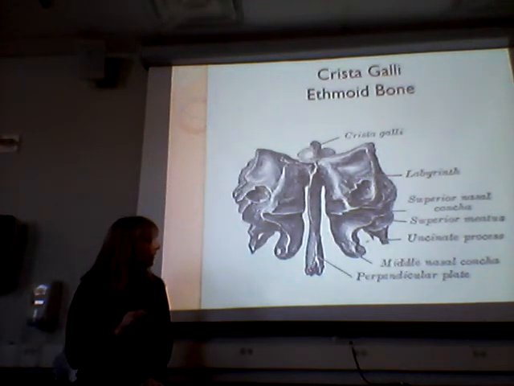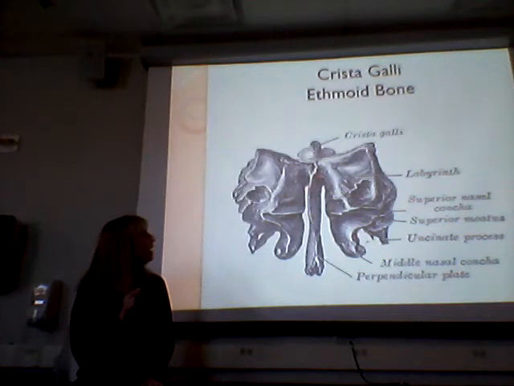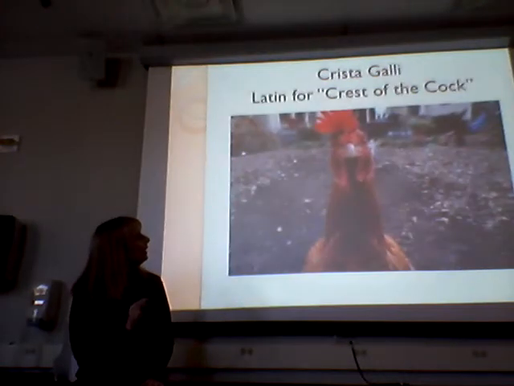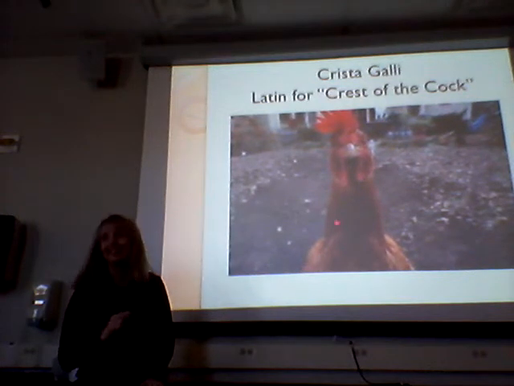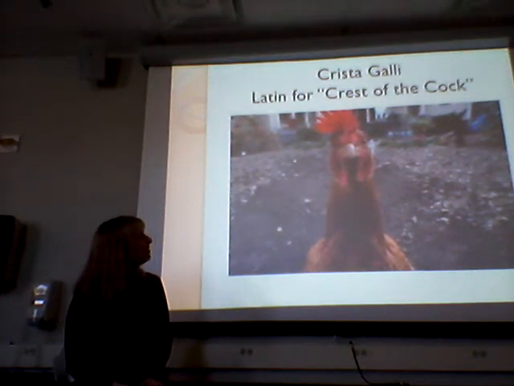Then you've got your middle nasal concha and your superior nasal concha. And like we said, those aren't bones like the inferior nasal concha, they're just projections. And then we've got the crista galli here, and the cribriform plate would be there, horizontally. Crista galli, crest of the cock. See, I told you guys. That's his crista galli. So, rooster, yes.